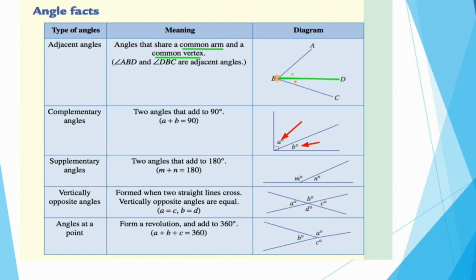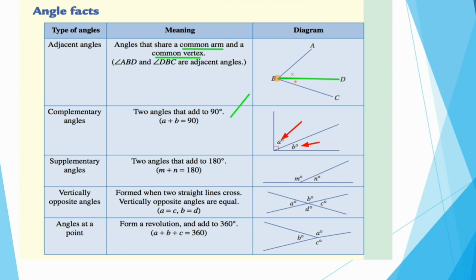But in this figure, they are shown adjacent angles also. But understand very well that complementary angles need not be adjacent angles. Complementary angles, the condition is that their sum should be 90 degree. That is the only condition.